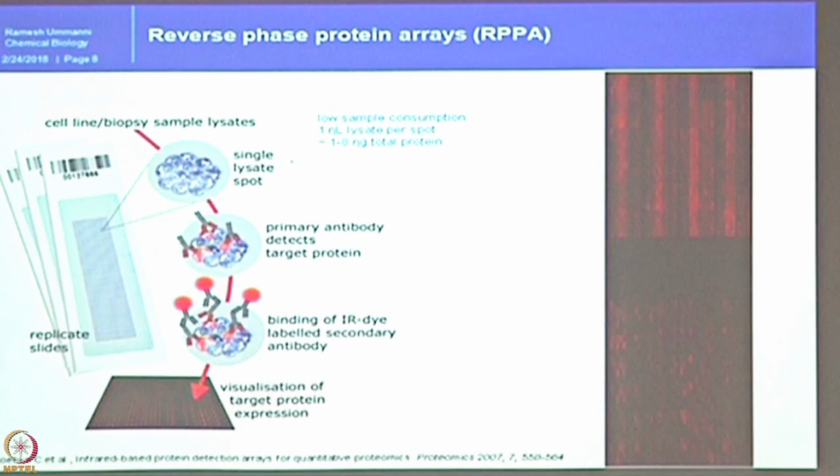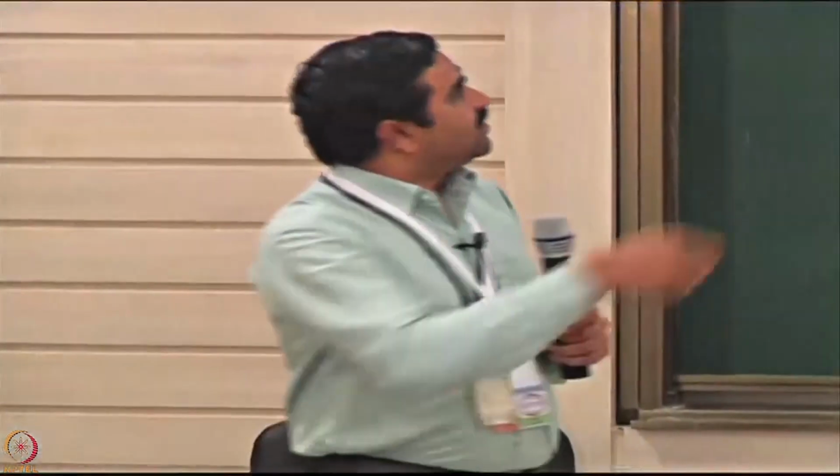In Western blot you need 20 microgram, that means 20,000 nanograms. Here 1 to 8 nanogram, let us say 10 nanogram of protein is required. So 20,000 divided by 10, you can quantify 2000 proteins from a 20 microgram protein sample in this reverse phase protein array approach.